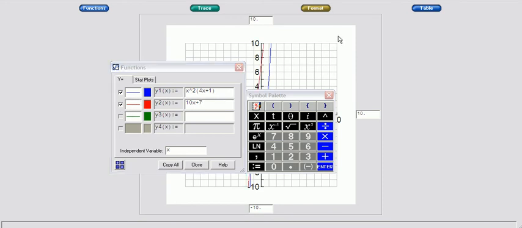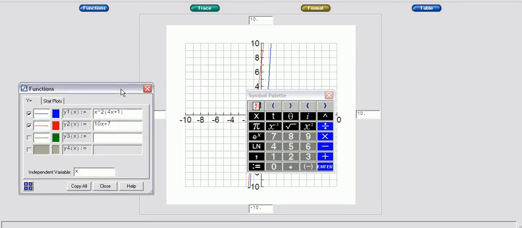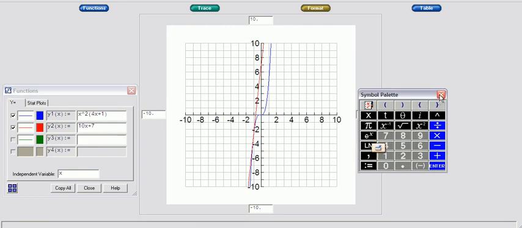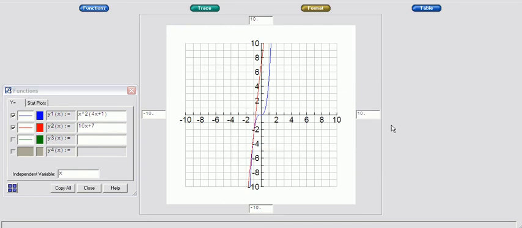We'll turn that on and we'll look at the graph. So we were hoping to be tangent at -1, so that's right. -1 right here. Yeah, it certainly looks like we've written the equation of the line that's tangent to the curve there.